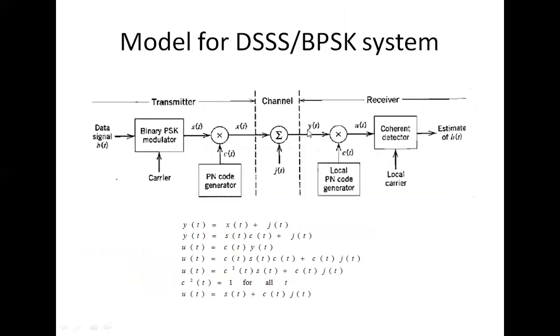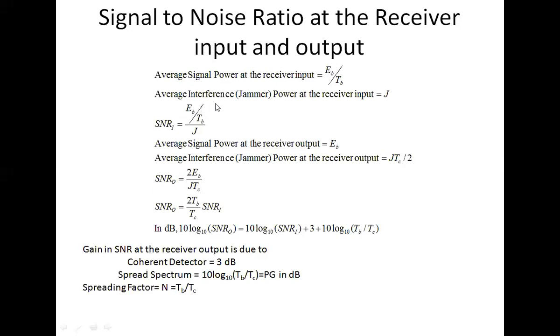At the same time there is an amount of interference power also at this place. So that is the average interference or jammer power at the receiver input. Let us call it J. So SNR at the input of the receiver, SNR_I, is equal to E_b over T_b whole divided by J. So this is about the signal to noise ratio at the receiver input.